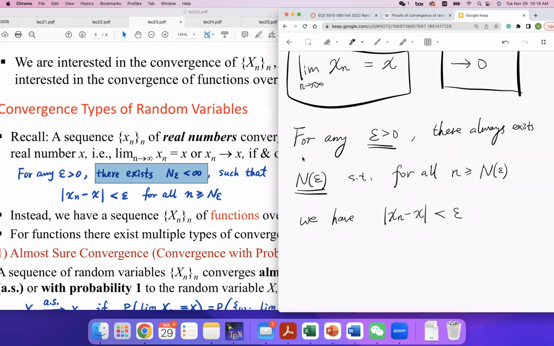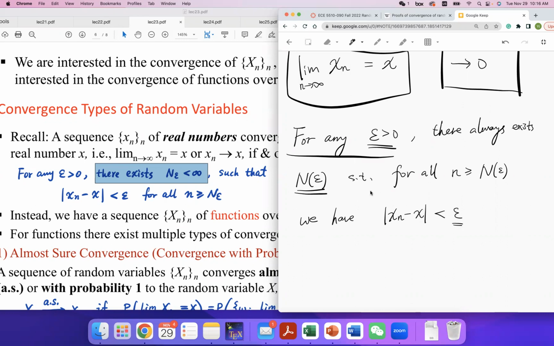So intuitively, this means that you set a deviation threshold epsilon first. No matter how small this epsilon is, the sequence is eventually going to get closer to x within epsilon.